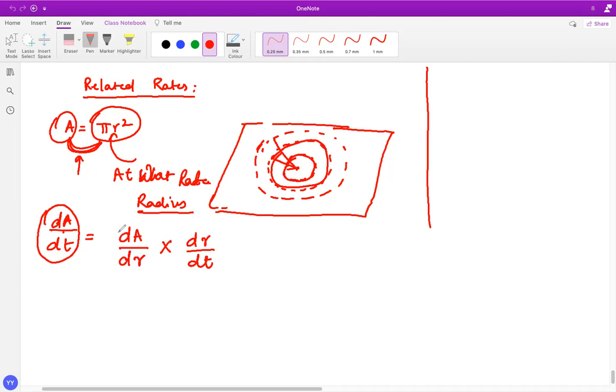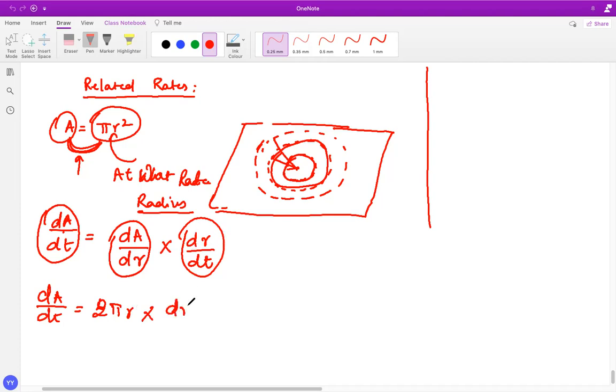The bigger aspect is the rate at which your area is changing with respect to radius times the rate at which radius is changing with respect to time. So the link of area with respect to time is given in terms of radius. The answer is dA by dt equals 2 pi r times dr by dt.